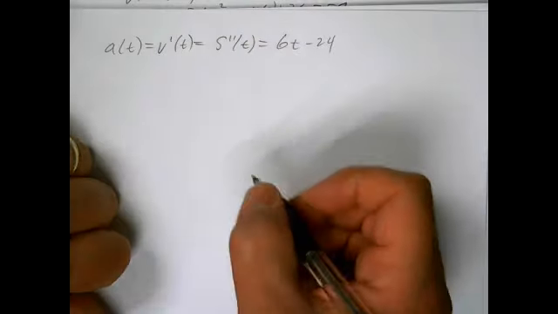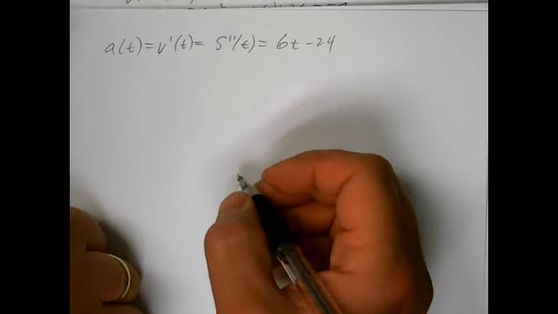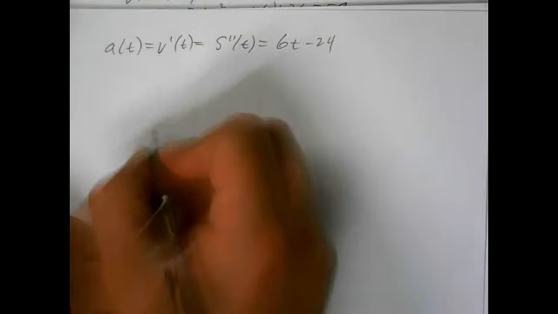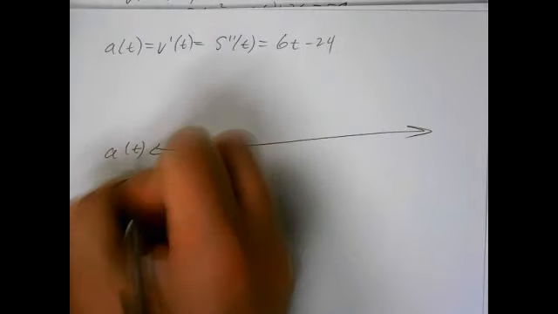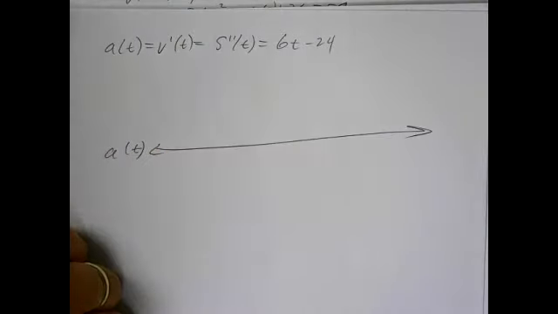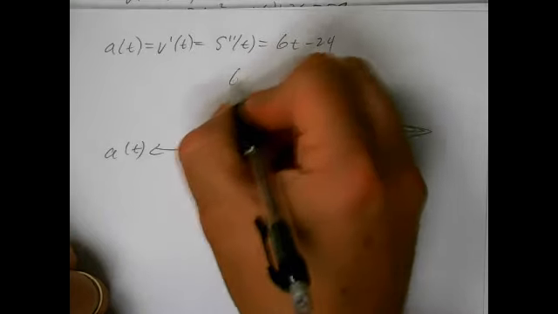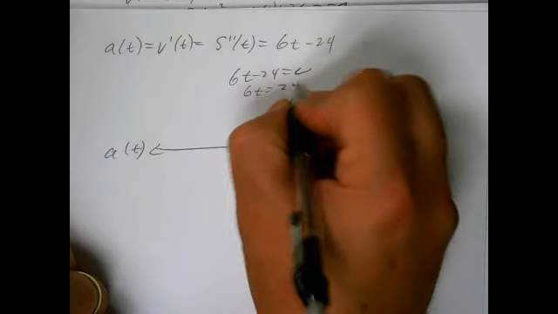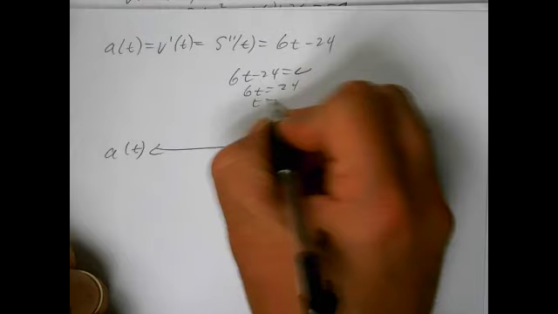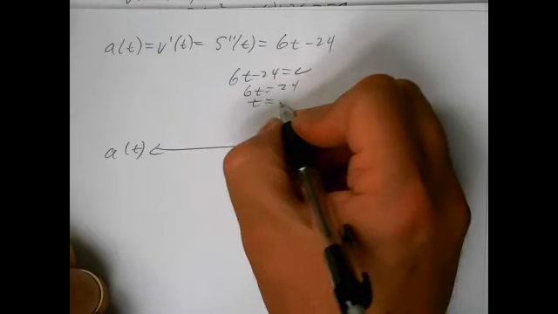Much more simplified function. And therefore, I need to set up an acceleration number line, much like I set up a velocity number line. So I'll take the 6t minus 24 and set it equal to 0, just to know where my zeros are. 6t equals 24. T equals 4.